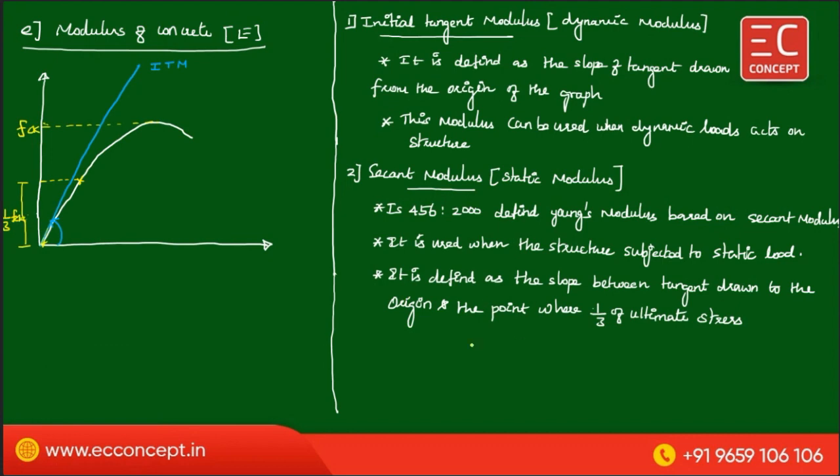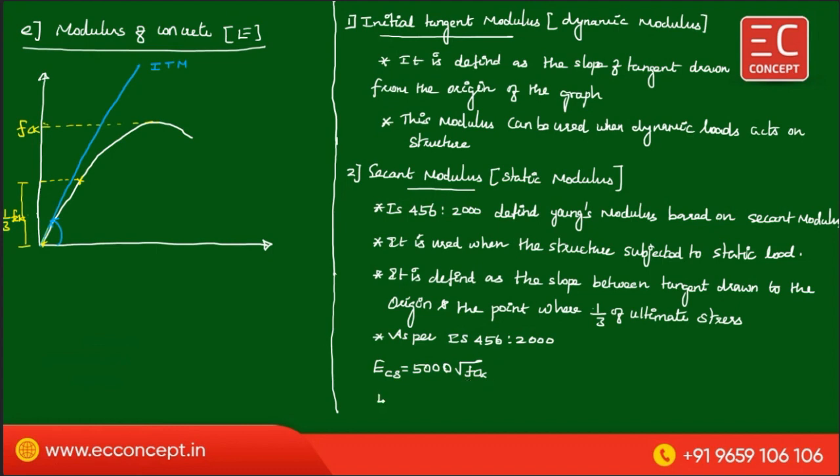the secant modulus. Now, as per IS 456 2000, Young's modulus of concrete for short term is 5000 root of FCK.